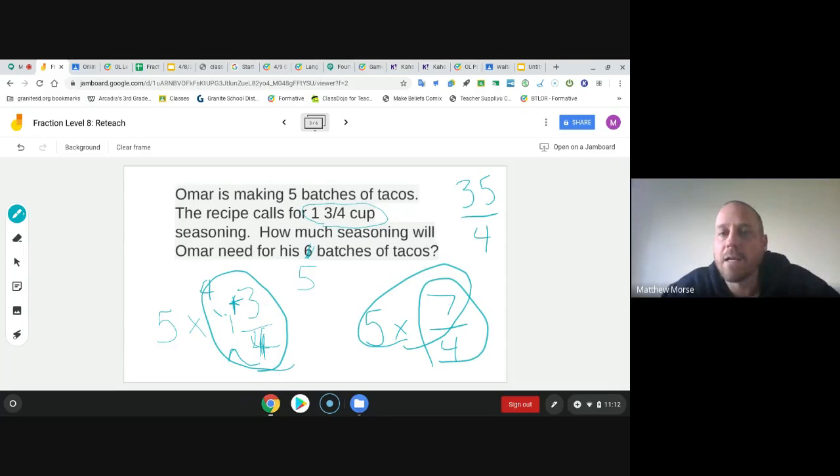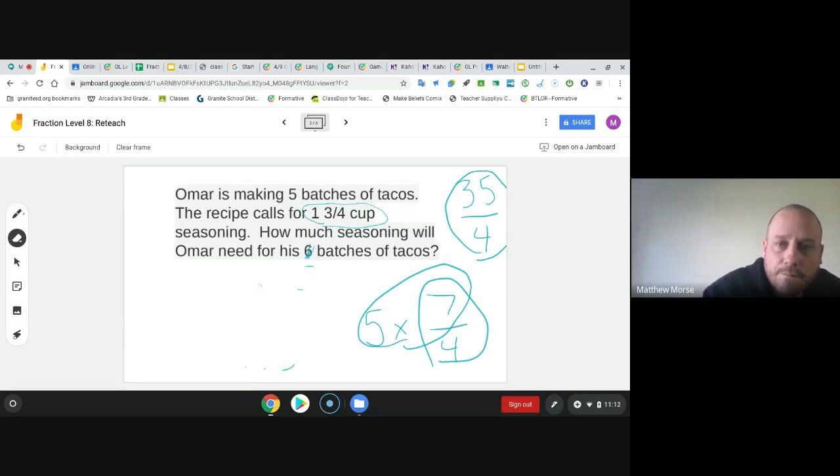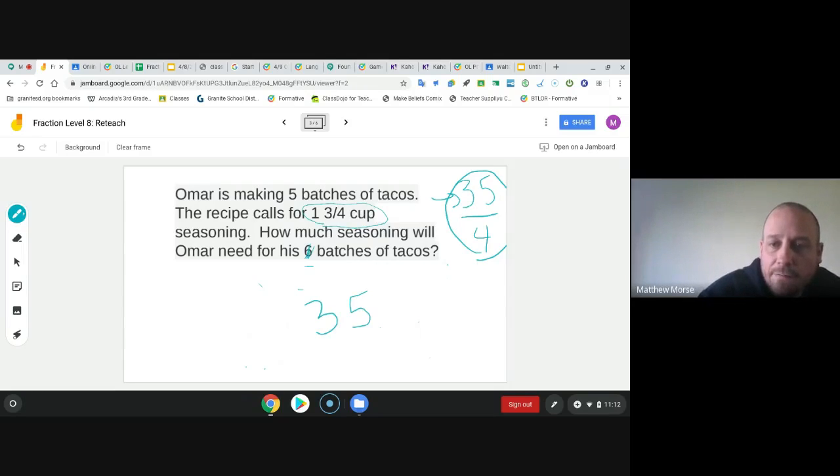Okay, but you're not done. So now there's one extra step. Now you got to turn this guy back into a mixed number, okay, which is probably the hardest thing you got to do this week. So 35 fourths, you got to use division to turn it into a mixed number. So you go the numerator divided by the denominator.